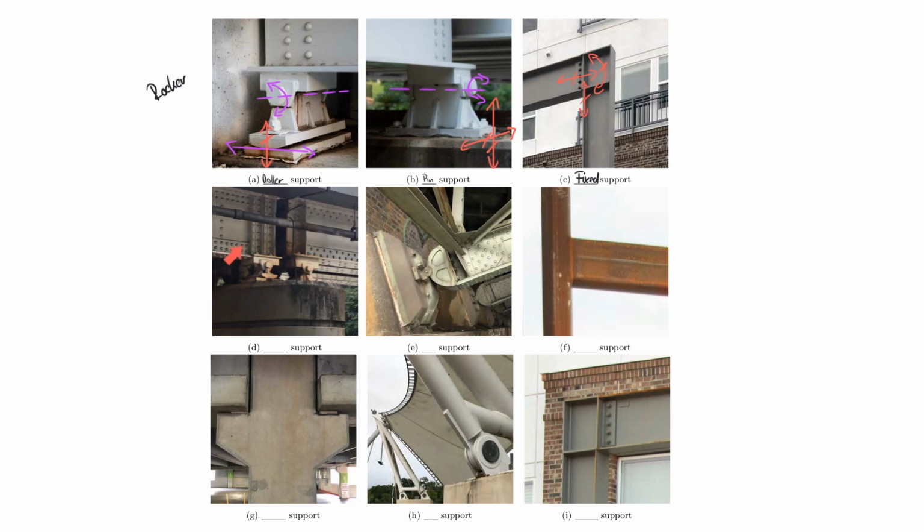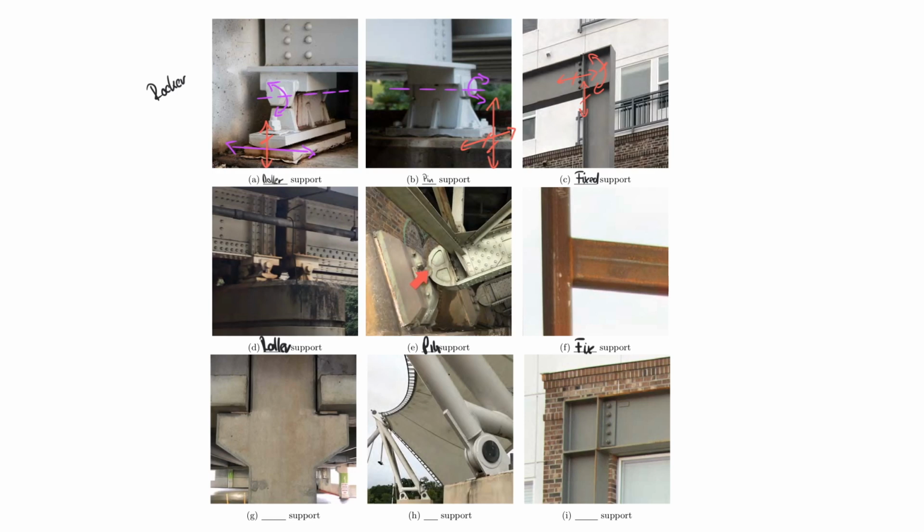So I love this picture here, because here we have a rocker or a roller, whereas here we have a pin, not very clearly to be seen, but you can see a difference between this one and this one. And so here I really talk about a roller. So roller. And then here we have a pin, and then here we have fixed. So let's talk about those more.